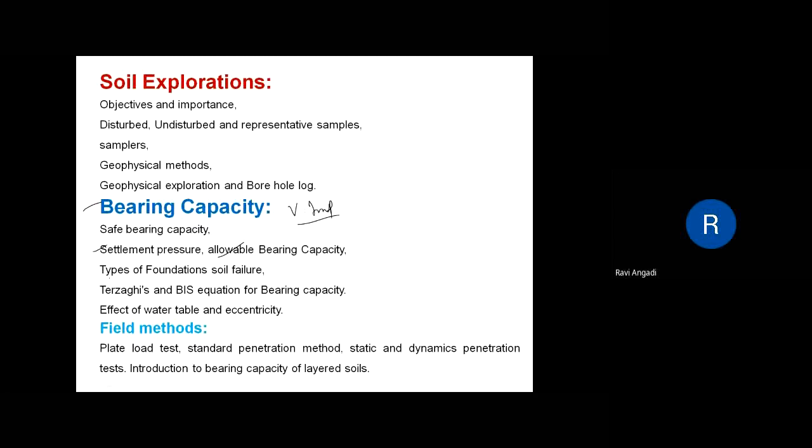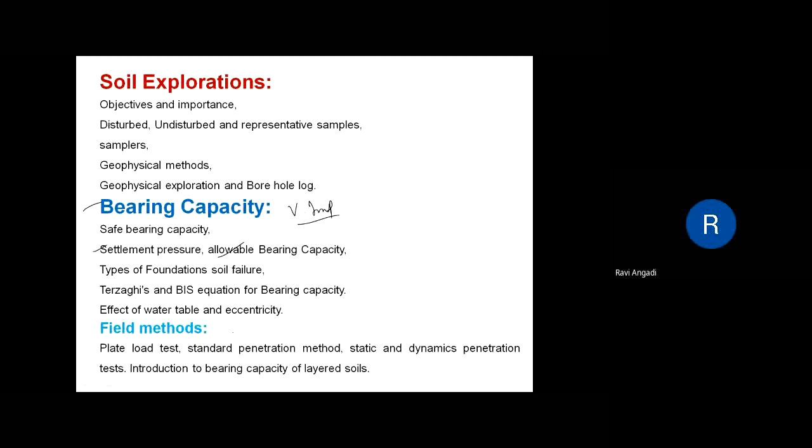Then the effect of water table, how the water table affects the bearing capacity of the soil, and eccentricity, how it affects it, we are going to discuss in this bearing capacity chapter.